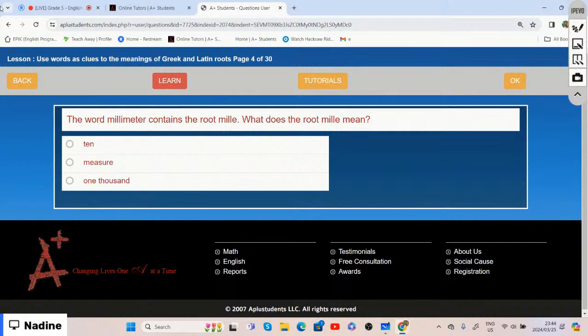So what does milli mean? Is it 10, is it measure, or 1,000?